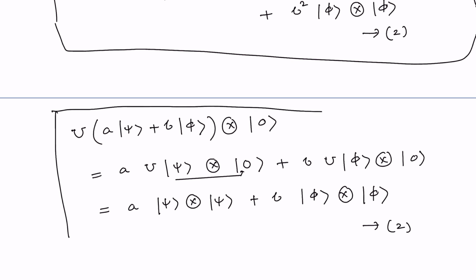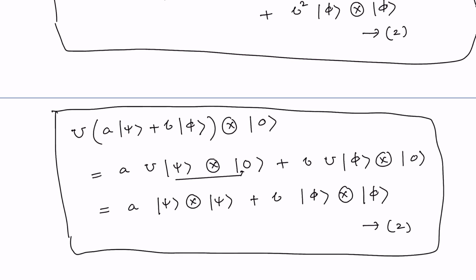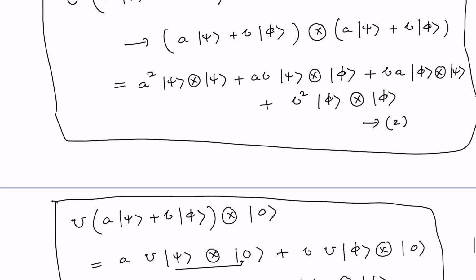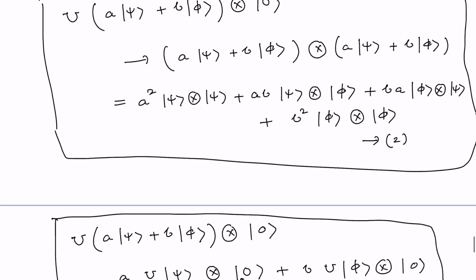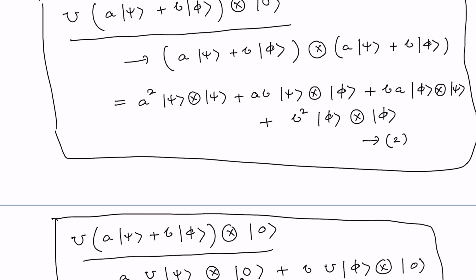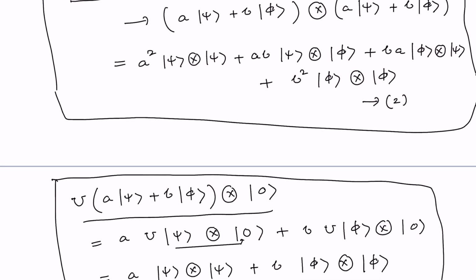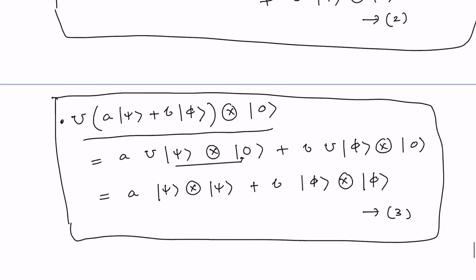Now you see, if I compare this equation number 2, no, actually this is equation number 3. If I compare equation number 2 and 3, the result in this case is equation 2. You can just see the right hand side, and here you can see the result is this on the right hand side, equation number 3.